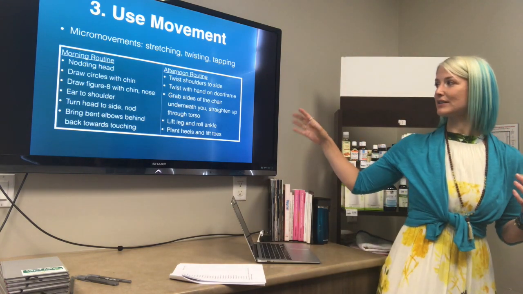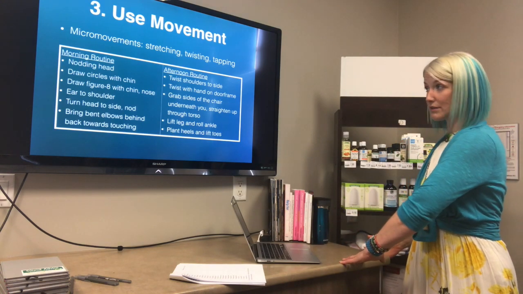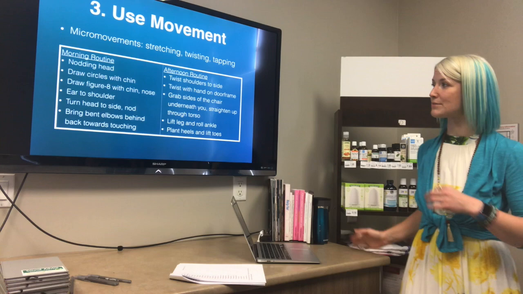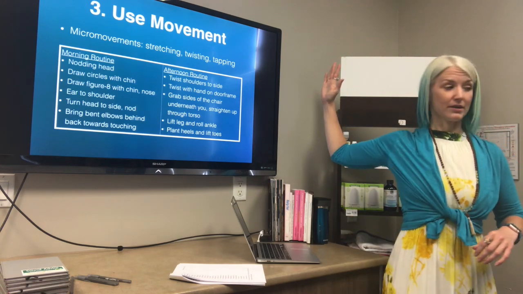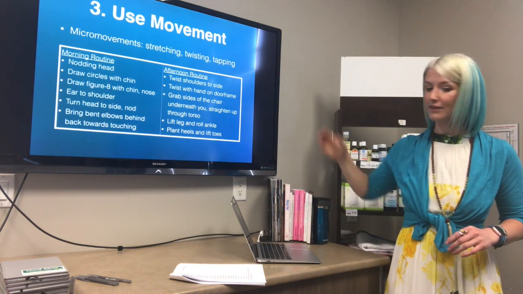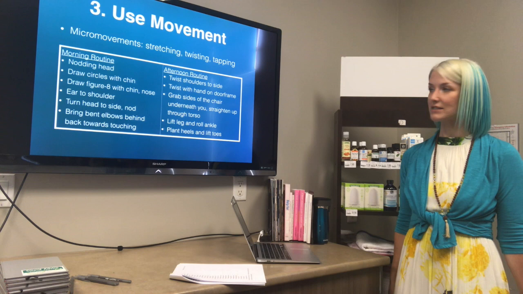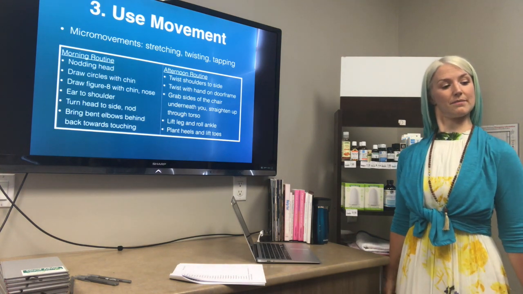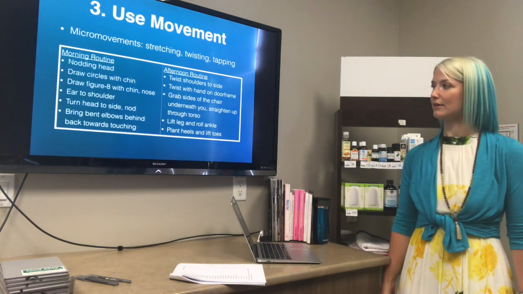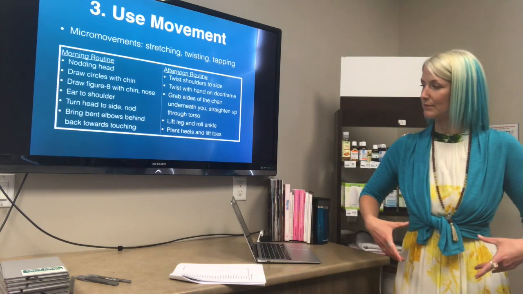After your noon routine, it's more of the lower body. So twisting the shoulders to the side, you can use a desk. So if you picture this as a door frame, you can twist this way, back and forth. If you grab the sides of the chair underneath you and then straighten up, you can straighten up through the torso, and that's creating that space in between the hips and the ribs.